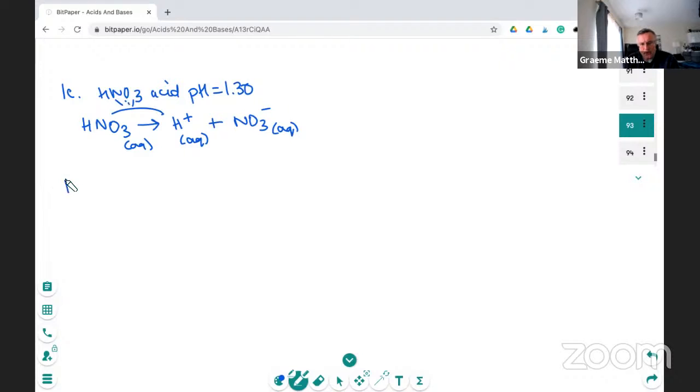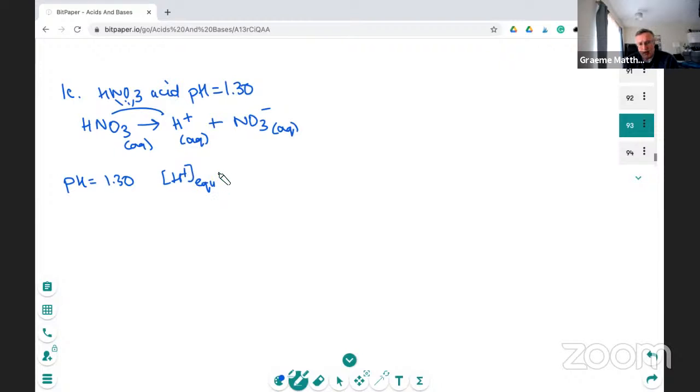So if my pH is 1.3, then my hydrogen ion concentration, and again, I'm always in the habit, chemists, of writing down equilibrium, because when we talk about weak acids, it's going to come in handy. It's a mental note that you got to be at the very bottom line of the calculation here. So just habit.